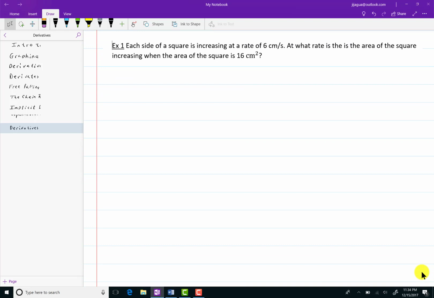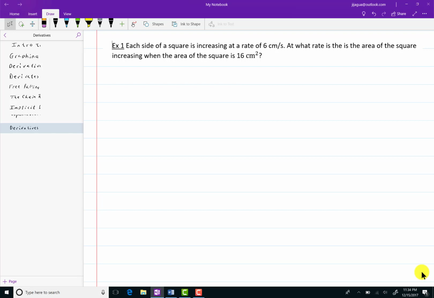And the first example says, each side of a square is increasing at a rate of 6 centimeters per second. At what rate is the area of the square increasing when the area of the square is 16 centimeters squared? So, we are given some information here.